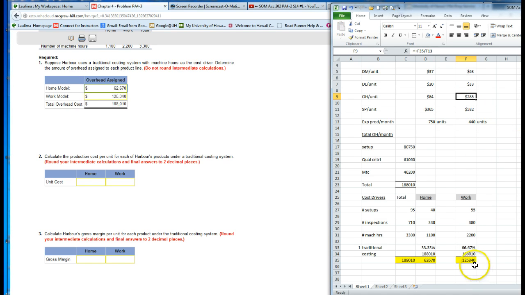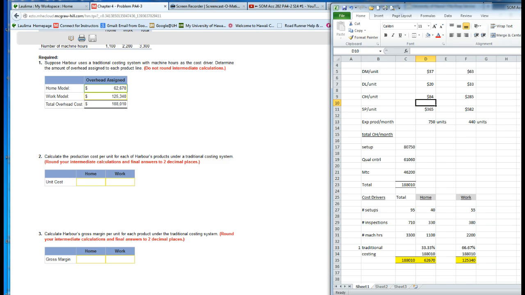That's F35 divided by F13. Yeah, we're correct.